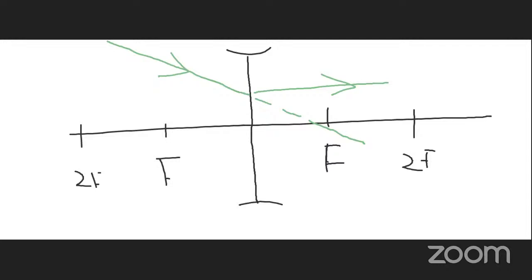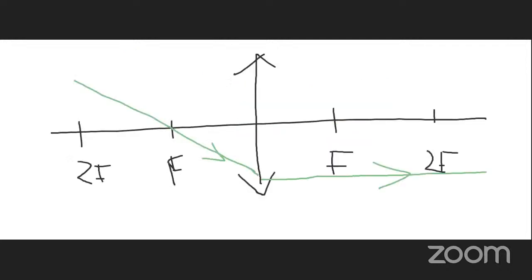Meanwhile, for this one, we shall say a ray which passes through the principal focus on refraction will be parallel to the principal axis for a converging lens. So this is the second principal ray. Is that okay?